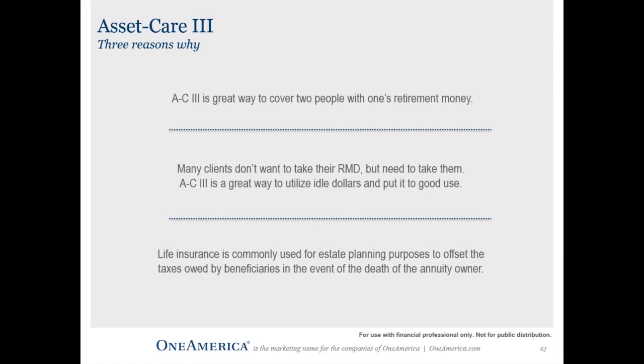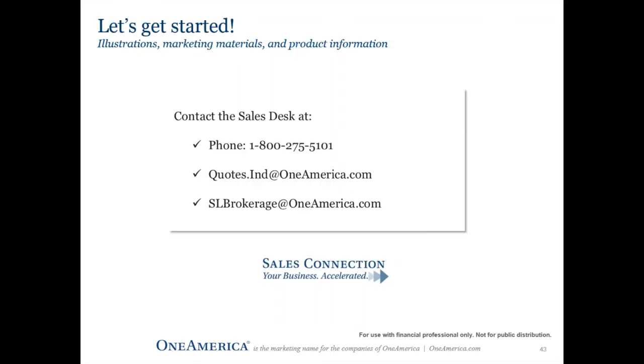Another quick word, which I should have started with, on the life product. For those of you that write primarily in Pennsylvania, the life product is not available jointly in Pennsylvania. If you've got clients outside of Pennsylvania, you can do this contract as joint.